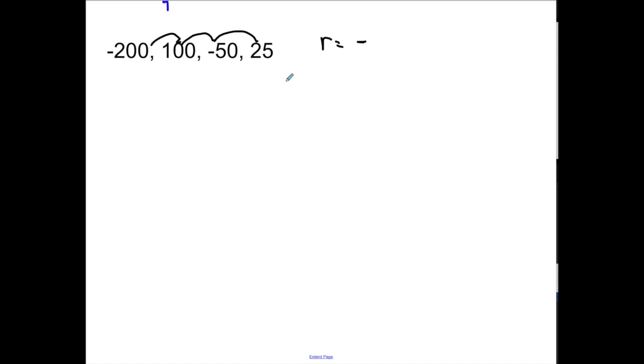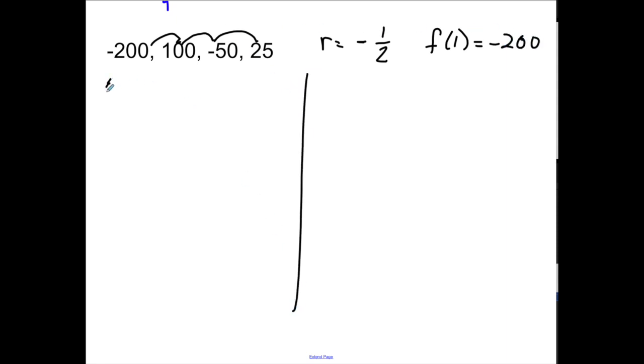All right, that's the effect of having the negative there. Now the numbers themselves are getting cut in half. So r is equal to negative a half, and the first term is equal to negative 200.